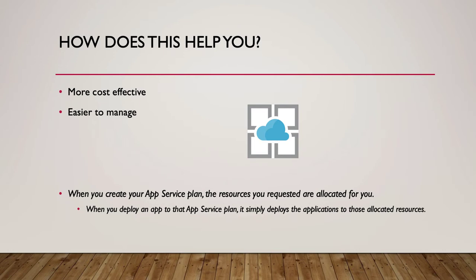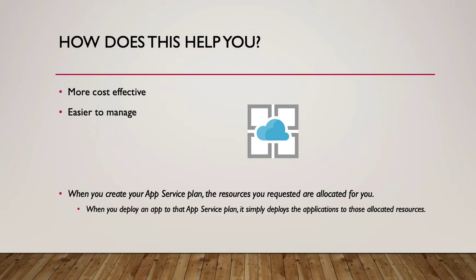Let's say you have 5 websites and 3 mobile apps that you want to host. You could run each one on its own VM, which would require 8 VMs, the sum of 5 and 3. If you want redundancy, which is recommended, that would require 16 VMs, another 8 for redundancy. So even if you select small instances, the cost adds up really quickly. Plus, you have to scale each set of VMs separately.